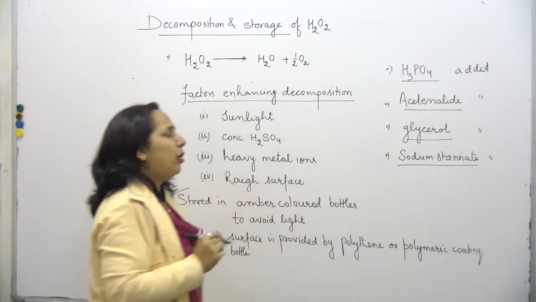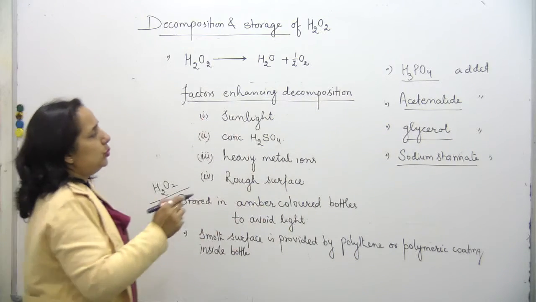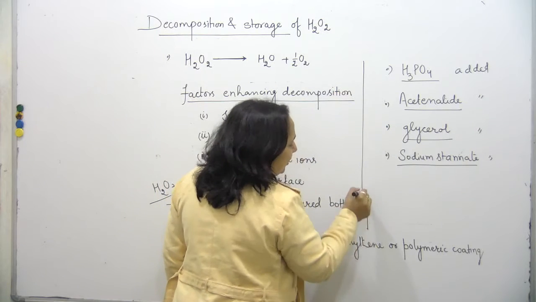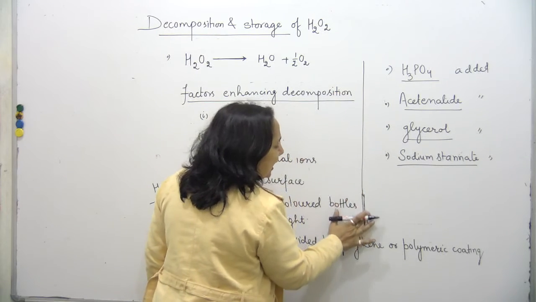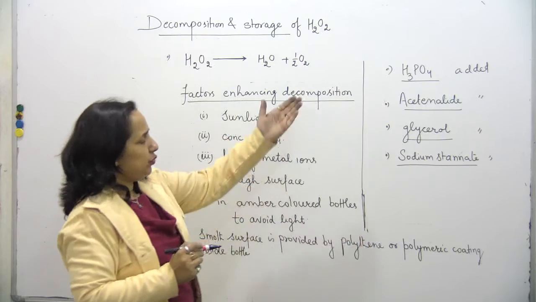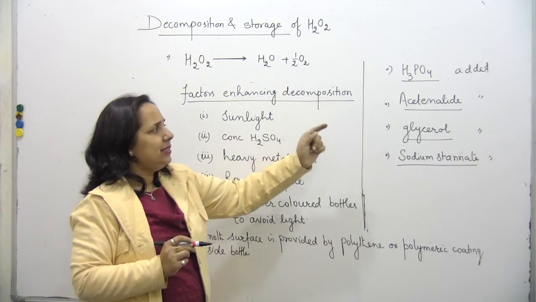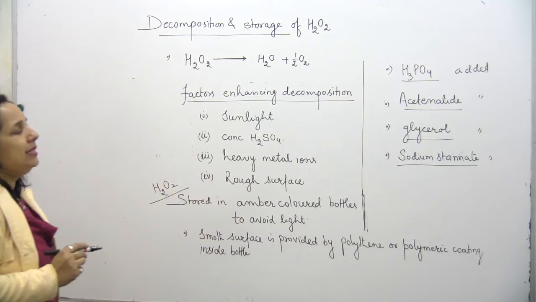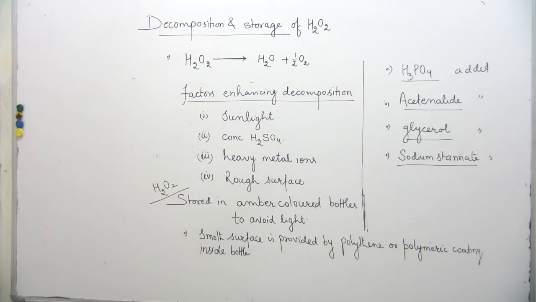Those are added to the bottle in order to retard the rate of decomposition. It means the rate of decomposition can be retarded by adding chemicals like phosphoric acid, acetanilide, glycerol, and sodium stannate. These chemicals are negative catalysts for decomposition of hydrogen peroxide.